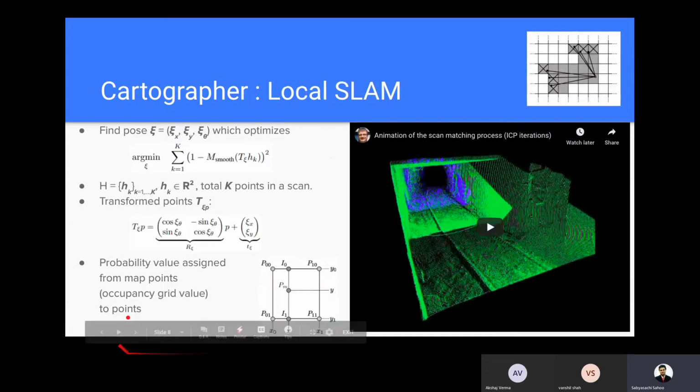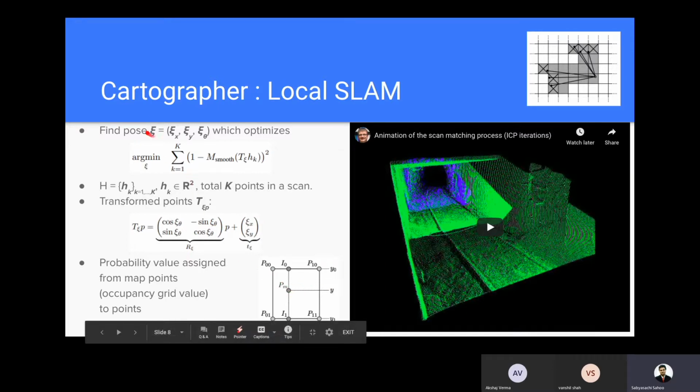Now here what we were trying to do is, given the next scan points, find a pose estimate, or pose difference between the next and previous scan, such that using that pose, if we were to transform all the points of the second scan or next scan, it exactly aligns with the previous map or previous scan.